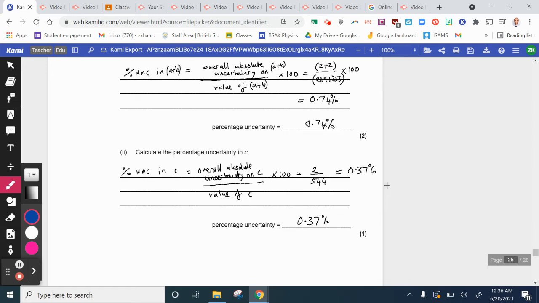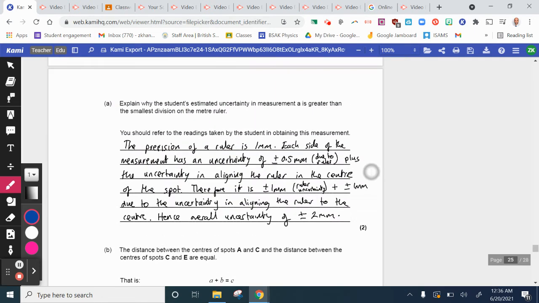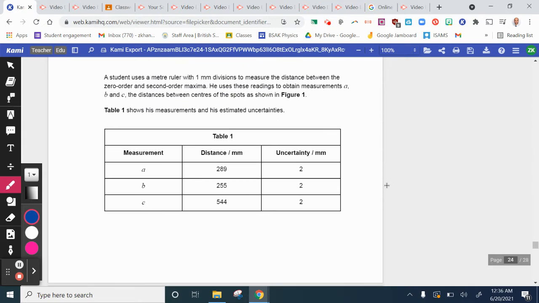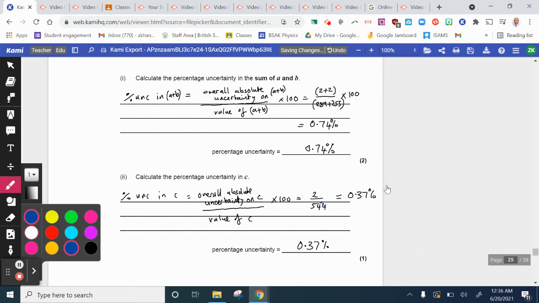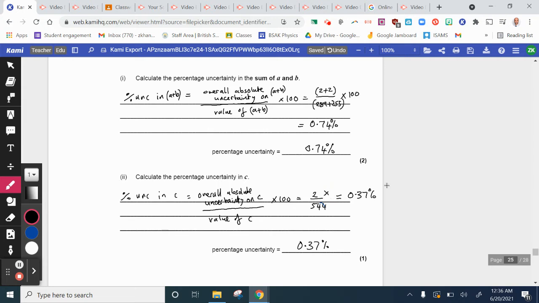Calculate the percentage uncertainty in C. The percentage uncertainty in C is the overall absolute uncertainty in C, which is 2, divided by the value of C, which is 544, times 100, which gives us 0.37%.